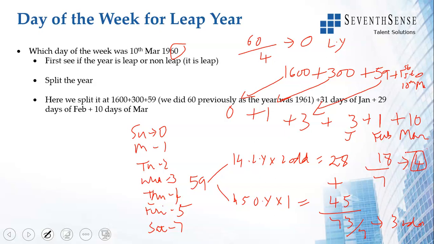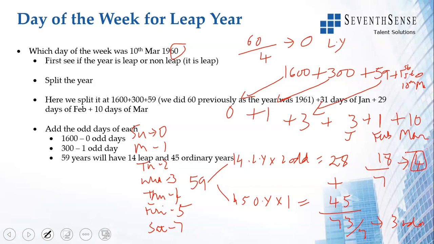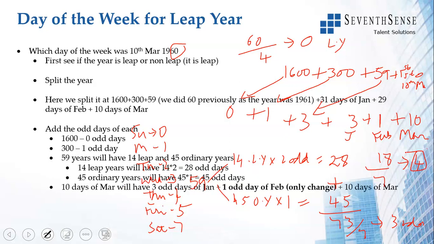And for 59 we look at the number of odd days: we'll have 14 leap and 45 ordinary years. 14 leap years has 2 odd days every year, so 28 odd days. 45 ordinary years is 1 odd day every year, so 45 odd days. You add both, you get 73. 73 by 7, you get 3.